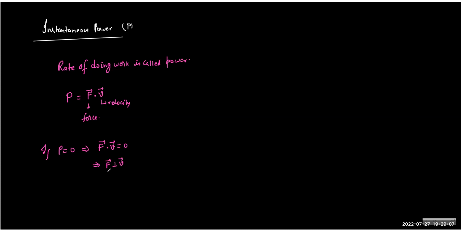And this generally happens in case of magnetism. When a charged particle moves in a magnetic field, the magnetic field never imparts any power or does any work, and so the particle moves with constant speed without changing the energy. These phenomena can be seen on earth.